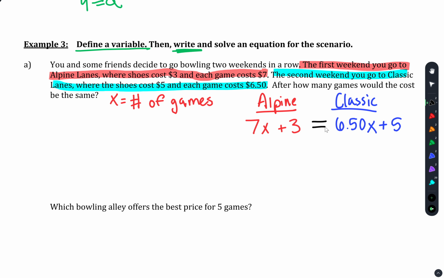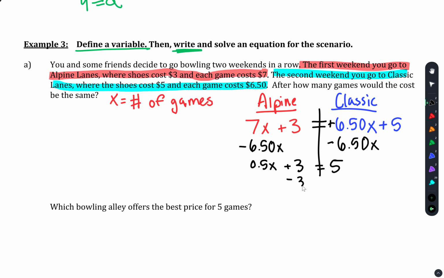Can we solve this now? What am I going to do to solve? First step, can I distribute? Can I combine like terms? I don't think so. So first step is move everything to one side, right? Move my variable to one side. I'm going to subtract 6.50x, which gives me 0.5x plus 3 equals 5.